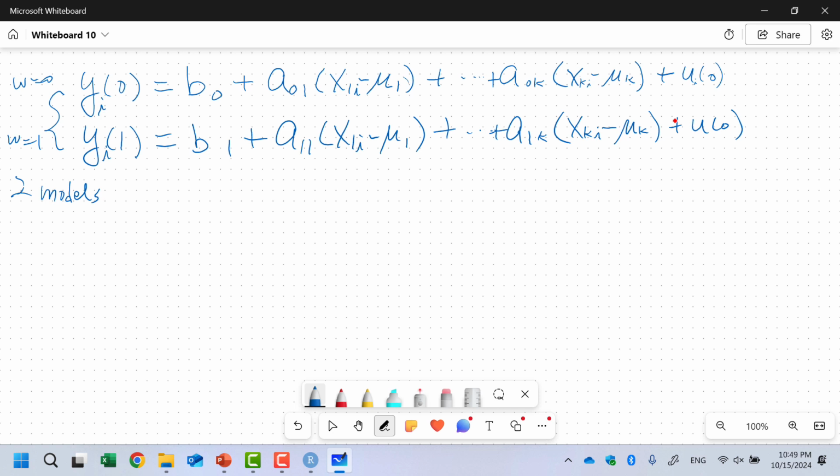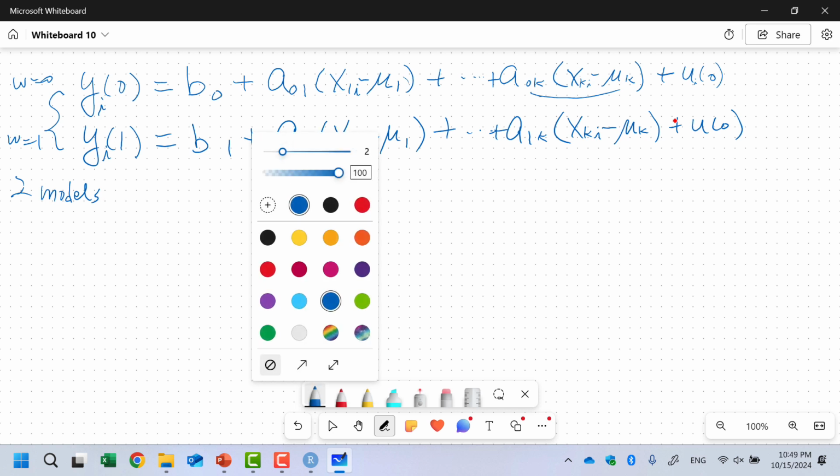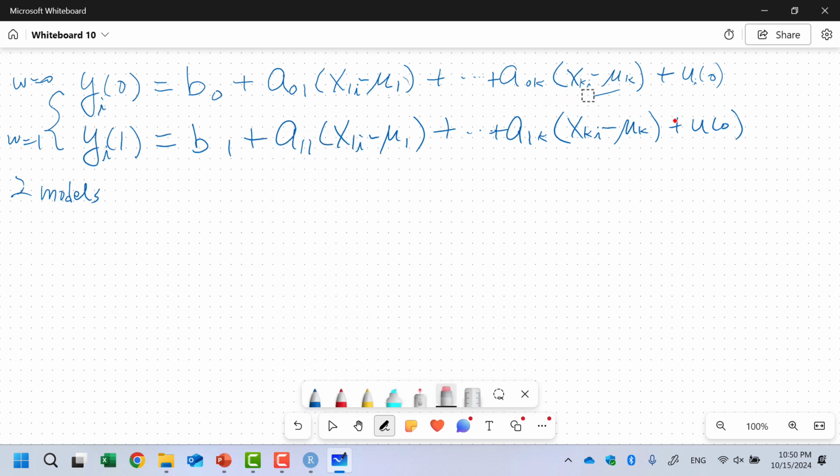So this is a fixed number. If you multiply this and this, it can be absorbed into here, and this times this can also go into the intercept part. Now, what would be the average treatment effect?